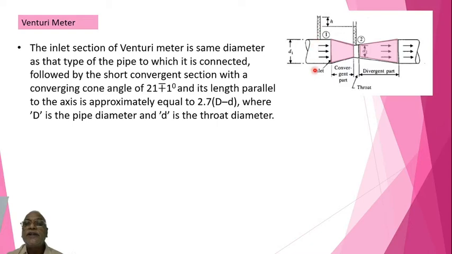Now capital D indicates the diameter of the pipe, the lowercase letter d indicates the diameter of the throat.